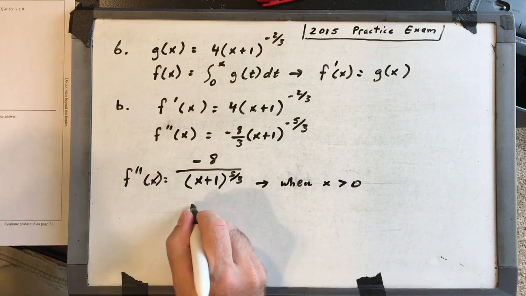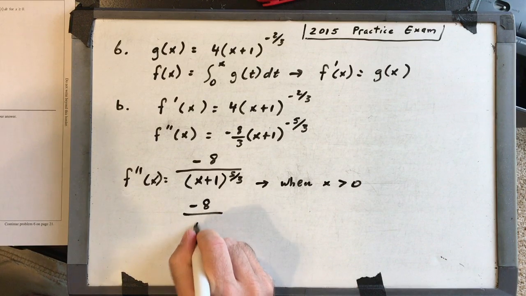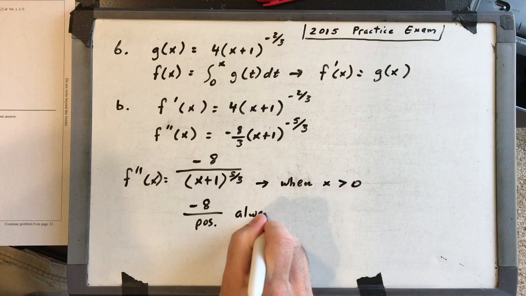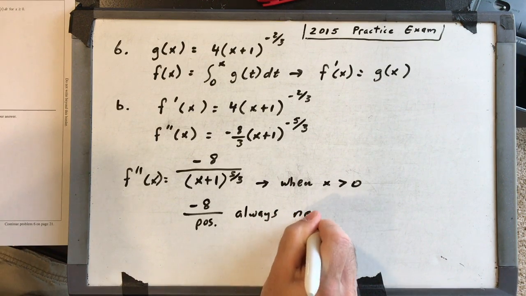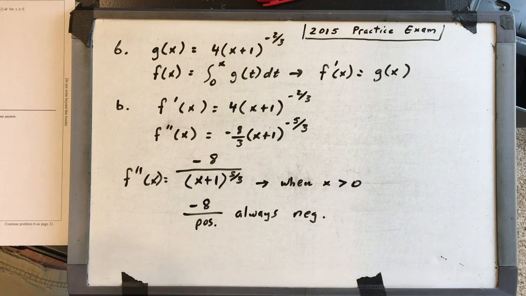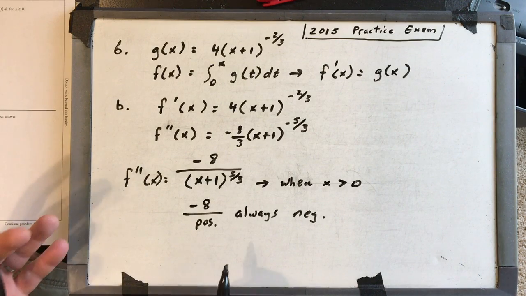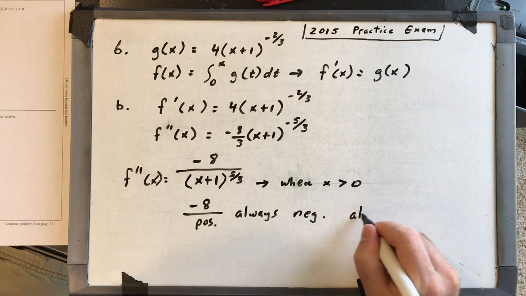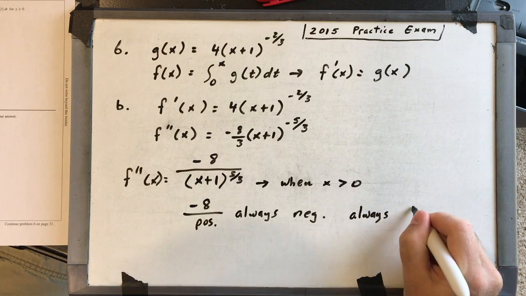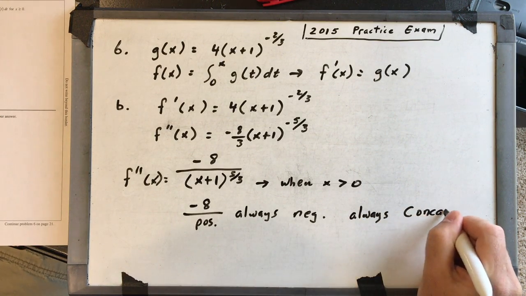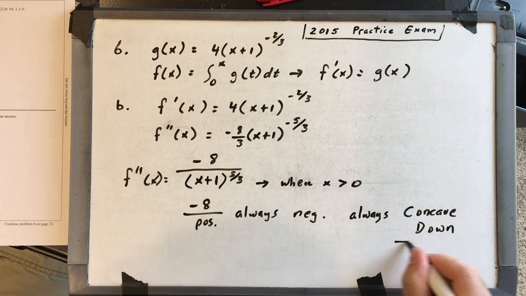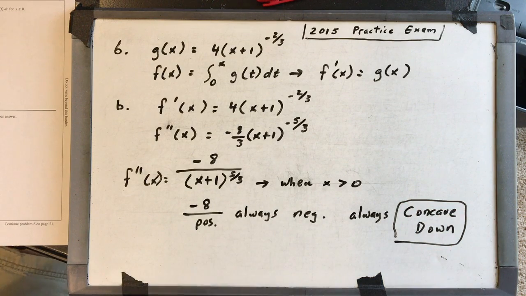We're going to have a negative 8 over a positive number, so that is always negative. So when the second derivative is negative, the graph is always concave down. Don't write CCD on your paper like we did in our class. They may not be cool with that.